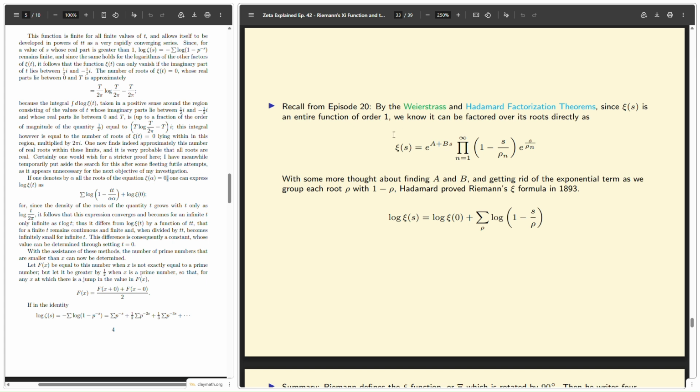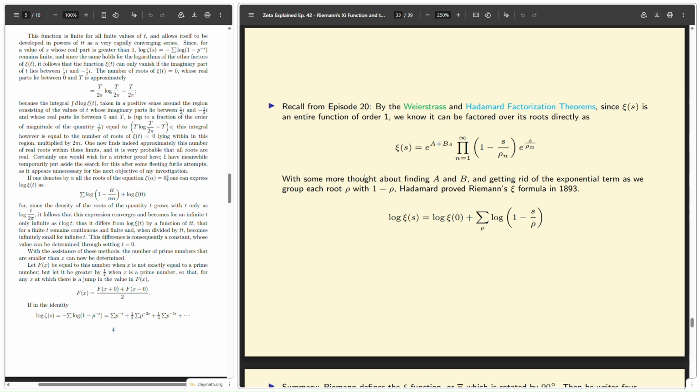Cool. So recall from episode 20, by the Weierstrass and Hadamard factorization theorems, since zeta of s is an entire function of order 1, which we covered in episode 19, we know that it can be factored over its roots directly as this equation.